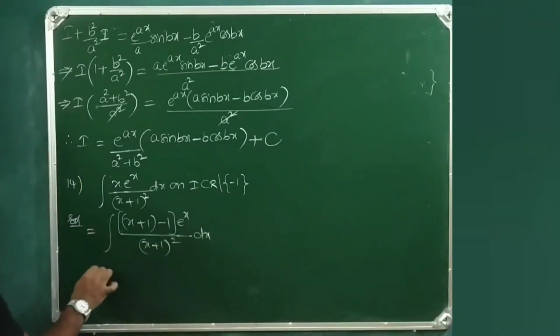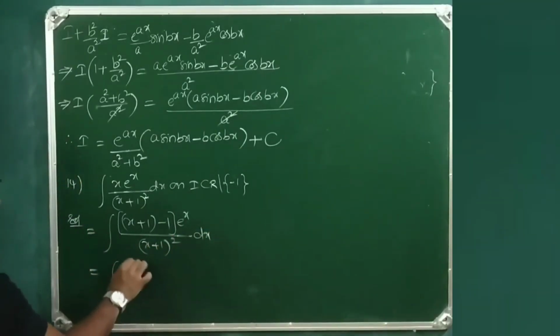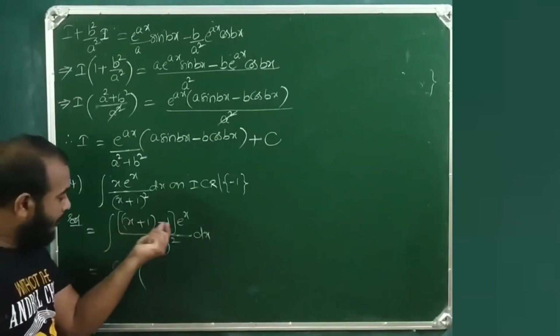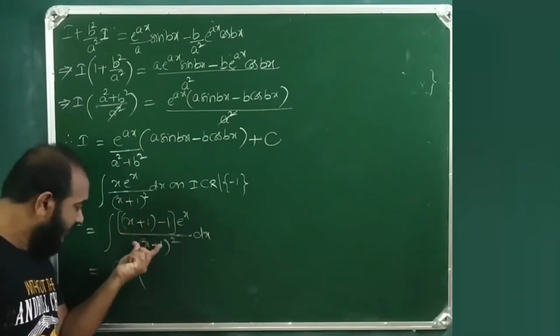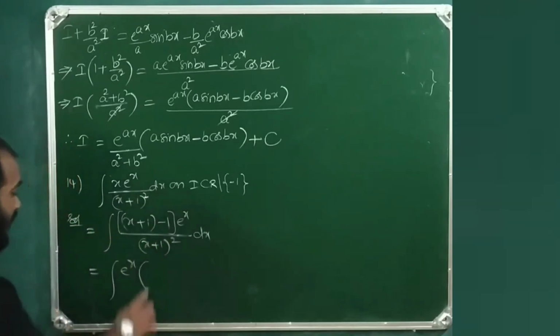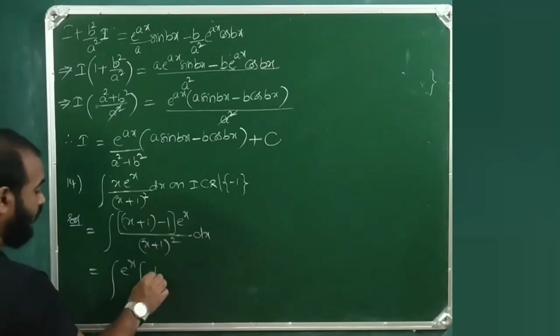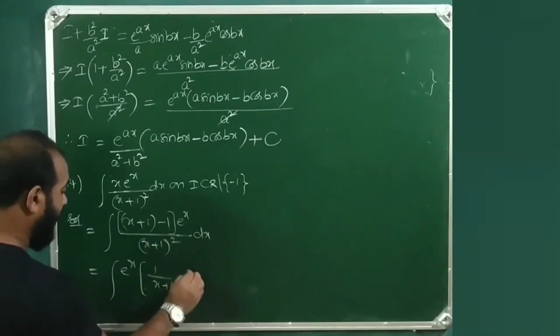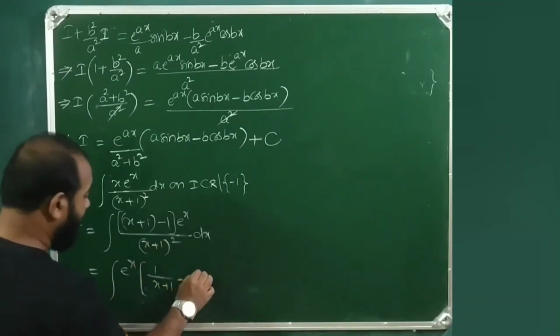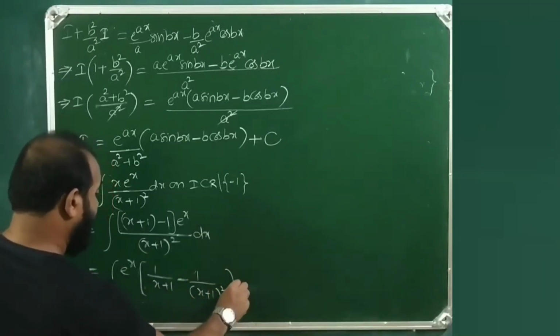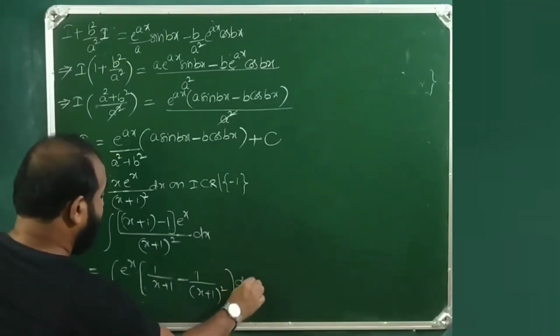So this is equals to e power x into, this is a minus b by c, a by c minus b by c. So x plus 1 by (x plus 1) whole square is 1 by x plus 1, minus 1 by (x plus 1) whole square, dx.